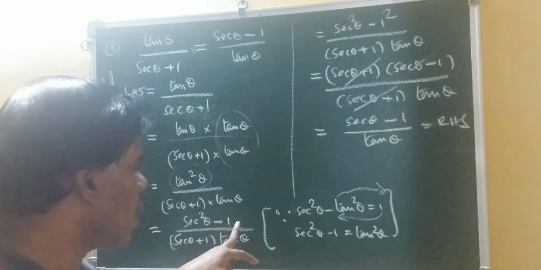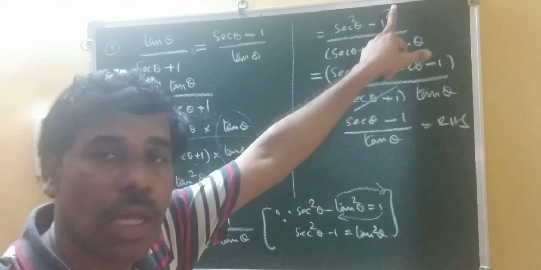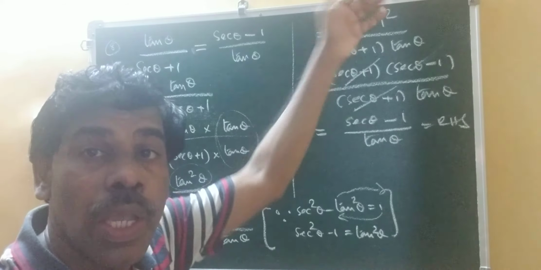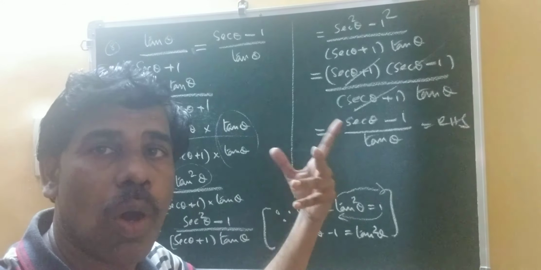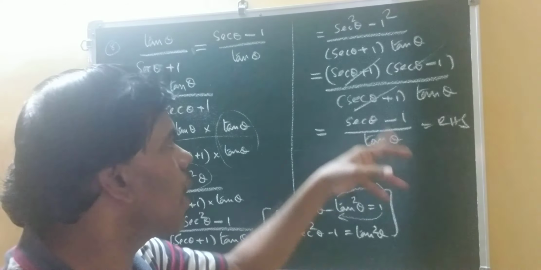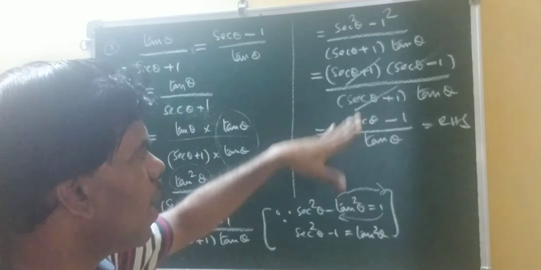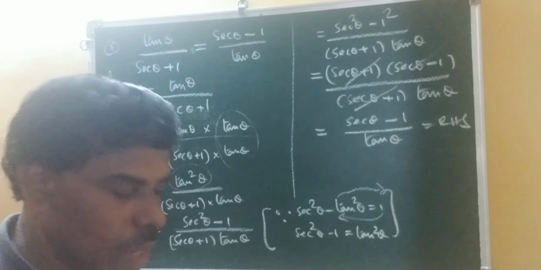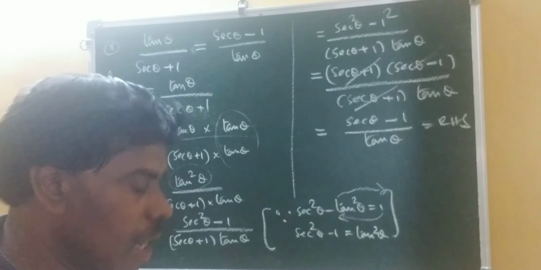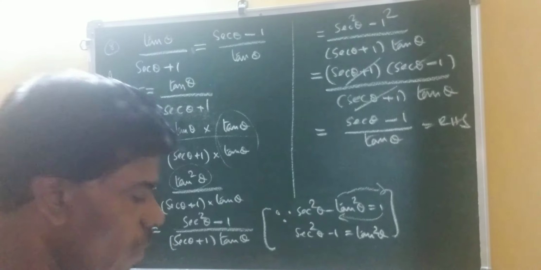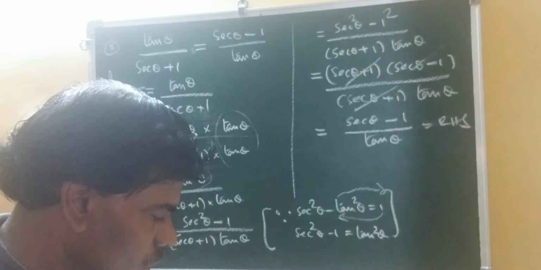Again sec square theta minus 1, I wrote sec square theta minus 1 whole square, in order to bring that in the form of a square minus b square. So I got sec theta plus 1, sec theta minus 1. Then sec theta minus 1, sec theta minus 1 getting cancelled. I got the required right hand side.